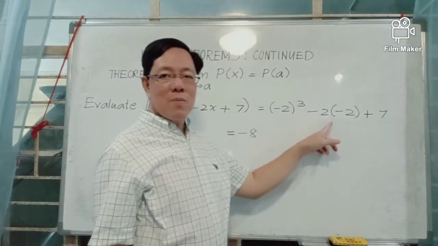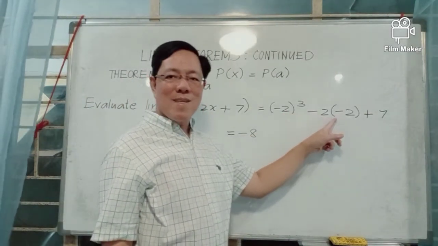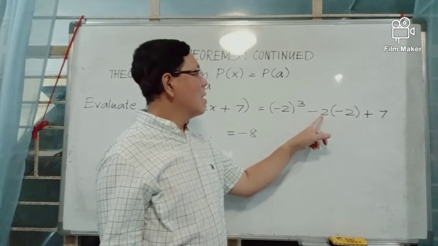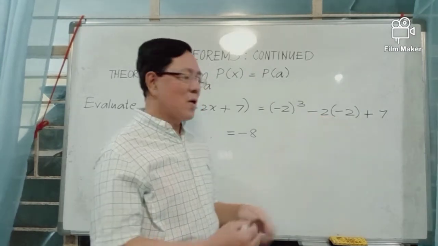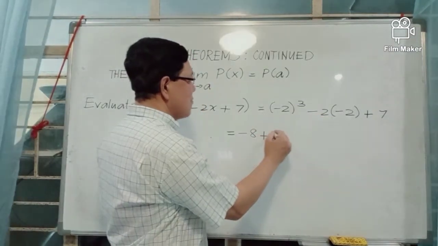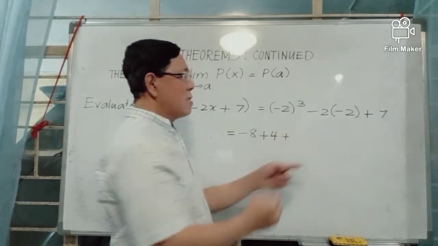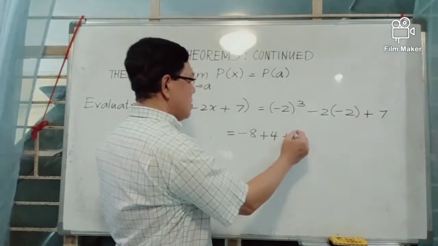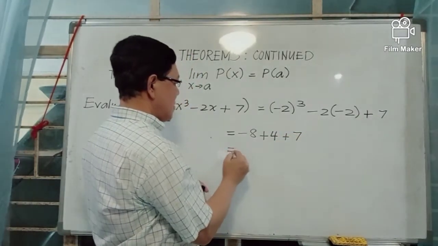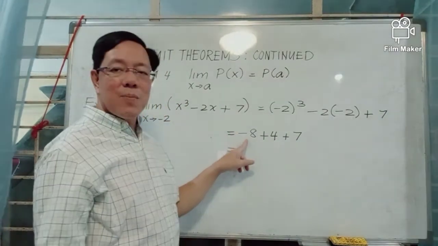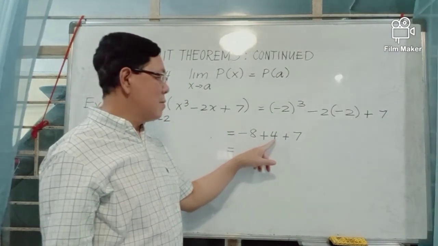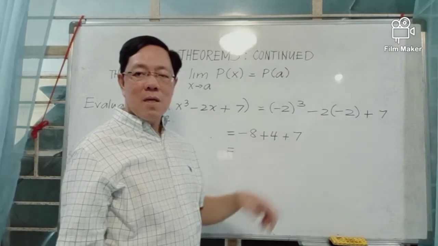For the second term, we have negative multiplied by negative is positive. And 2 by 2 is 4. So we write plus 4. And the last term is positive 7. And we add: negative 8 plus 4 is negative 4. Plus 7 is 3.